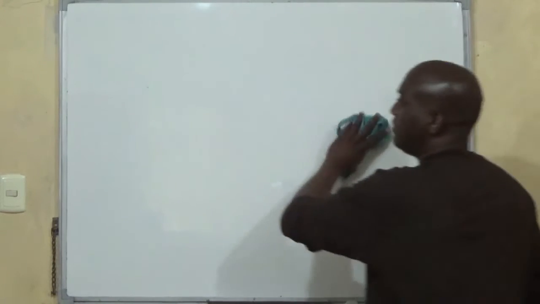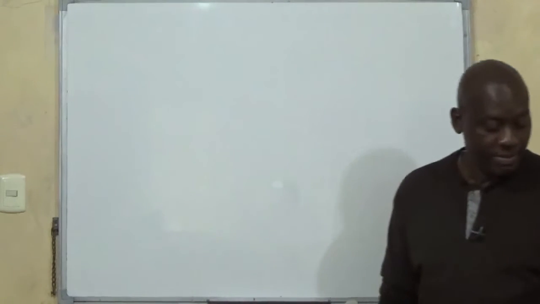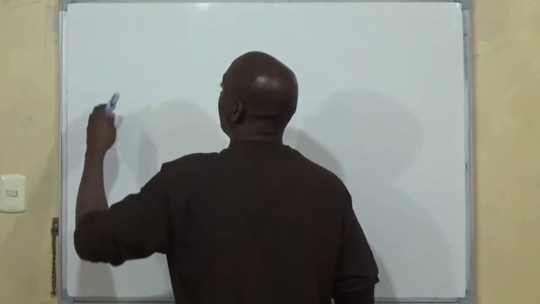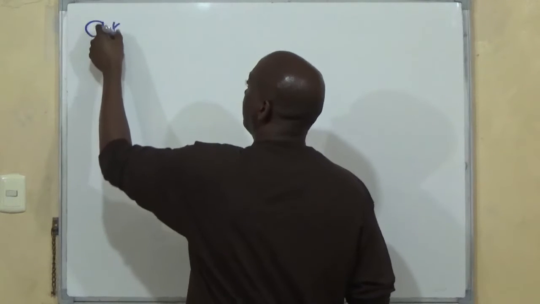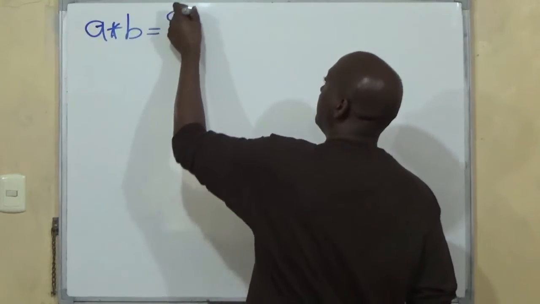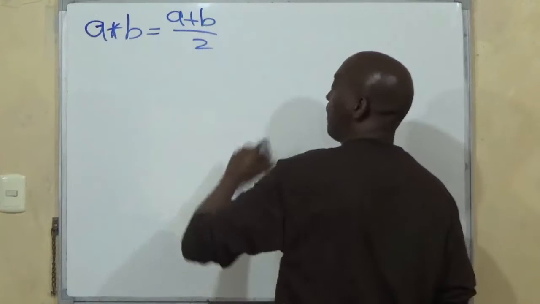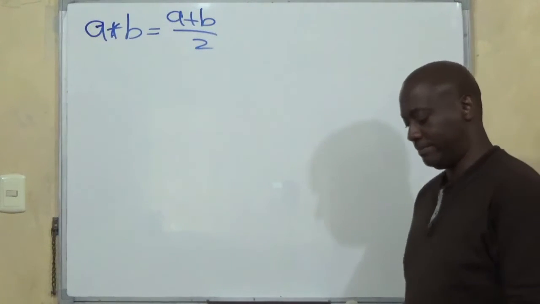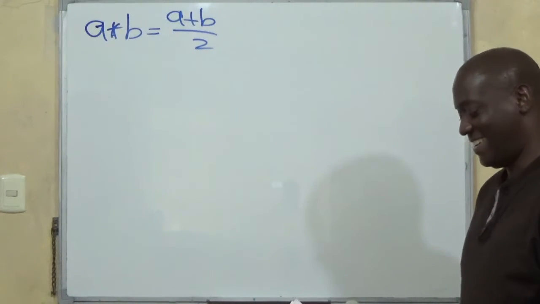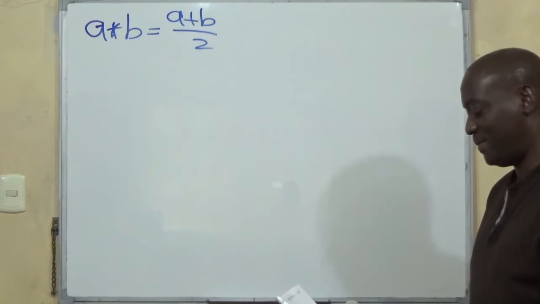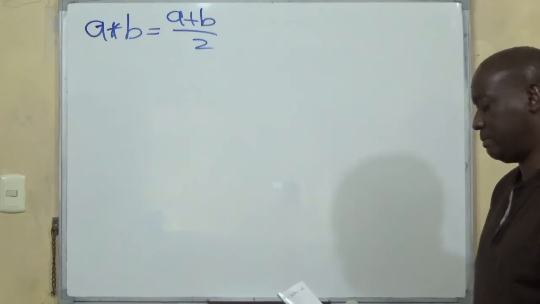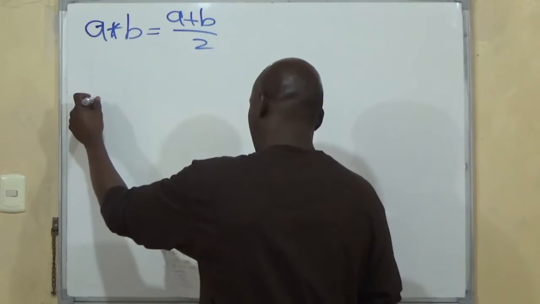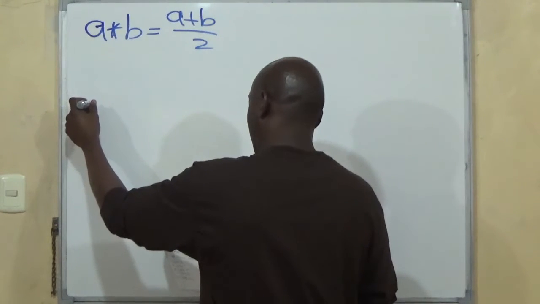Because remember we defined A star B as A plus B over 2. So A star B is equal to A plus B over 2. Nah, we could do it with these simple numbers, so we can run through it fast.